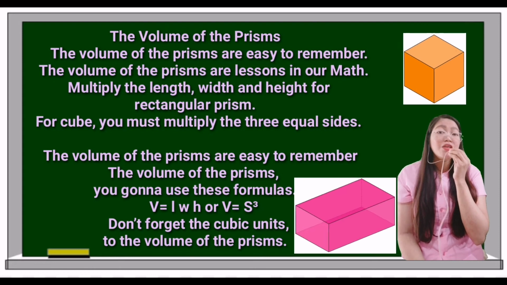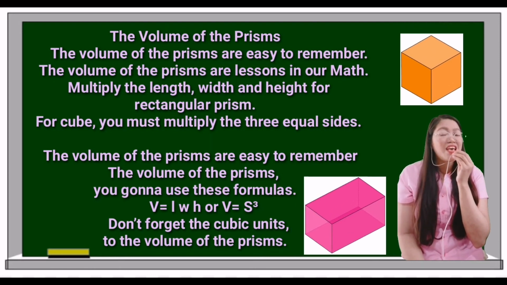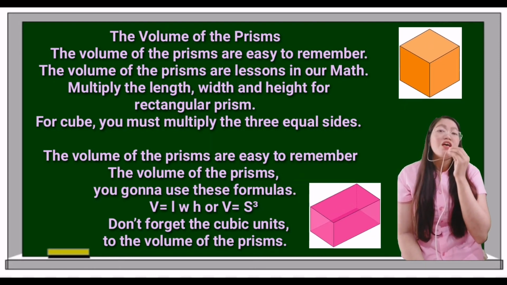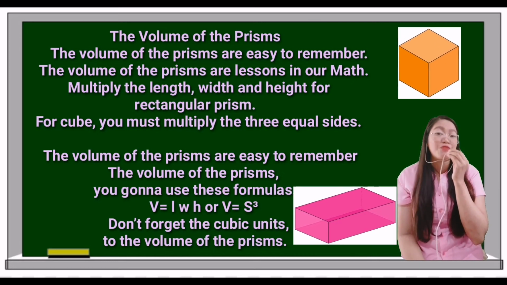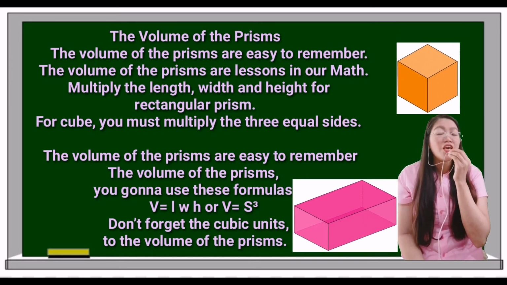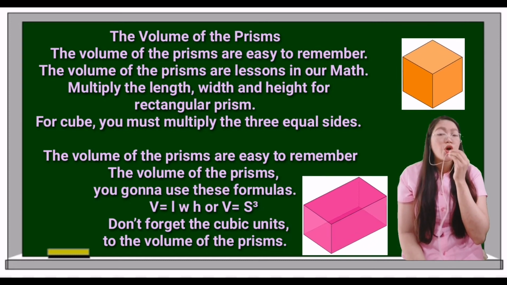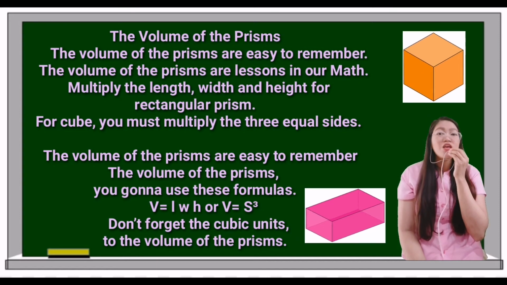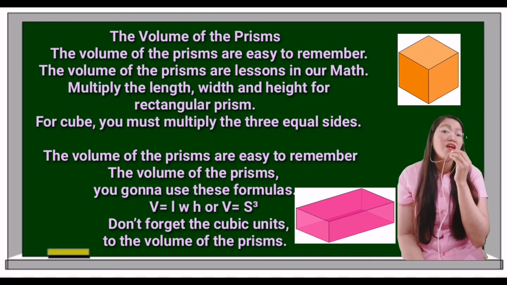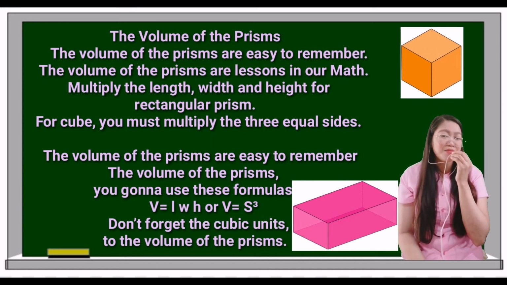The volume of the prisms are easy to remember. The volume of the prisms, you're gonna use these formulas. V equals LWH or V equals S cubed. Don't forget the cubic units to the volume of the prisms.